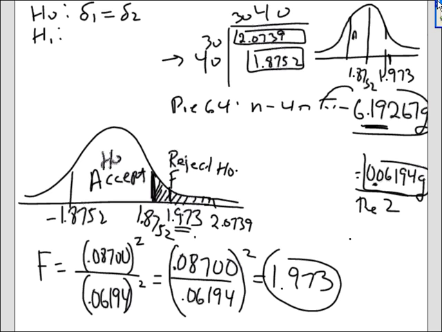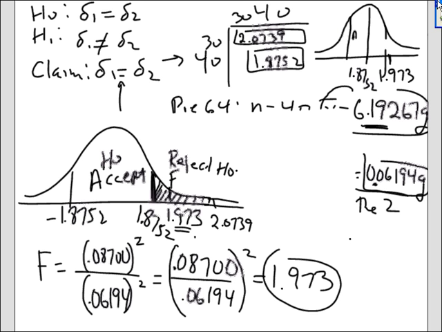So, it says test the claim that the two populations have the same standard deviation. So the claim is that sigma 1 equals sigma 2. So since this is equal, the H1 will be not equal. You can never have equal with H1. All right.